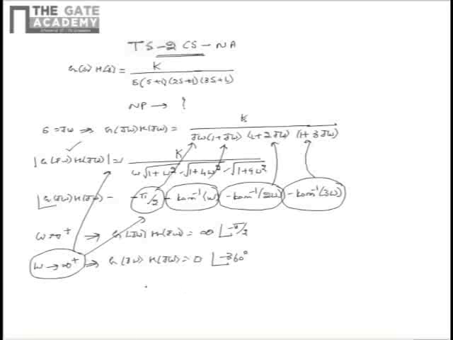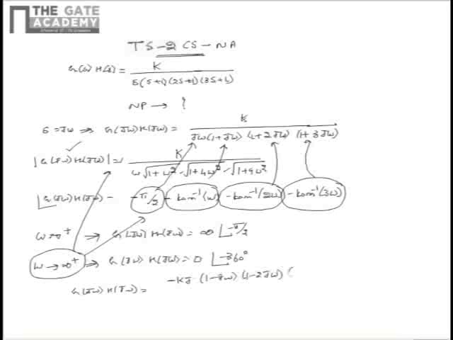Also, please note that from the given G(jω)H(jω), we can say that G(jω)H(jω) is equal to -kj(1-jω)(1-2jω)(1-3jω) divided by ω(1+ω²)(1+4ω²)(1+9ω²). This is by rationalizing G(jω)H(jω) as such.